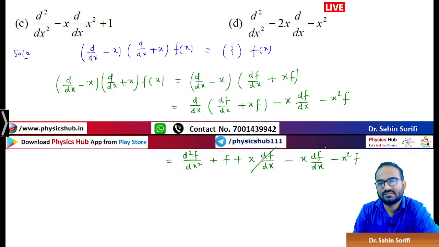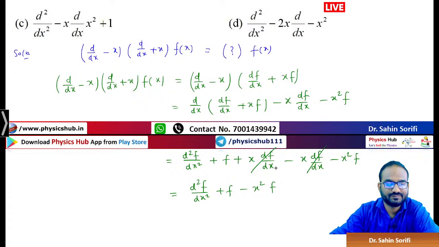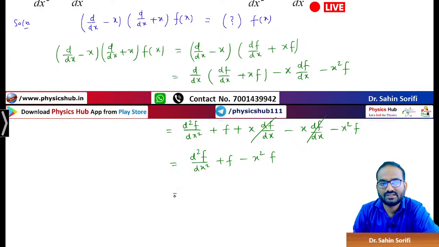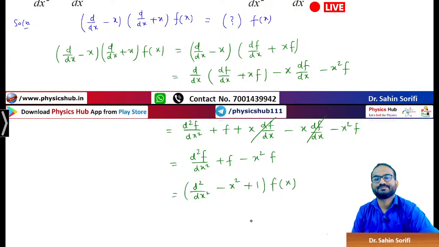Now this term is getting cancelled, so you are left with d square f by dx square plus f minus x square f. So we can write it as d square by dx square minus x square plus 1 into f, meaning f of x.